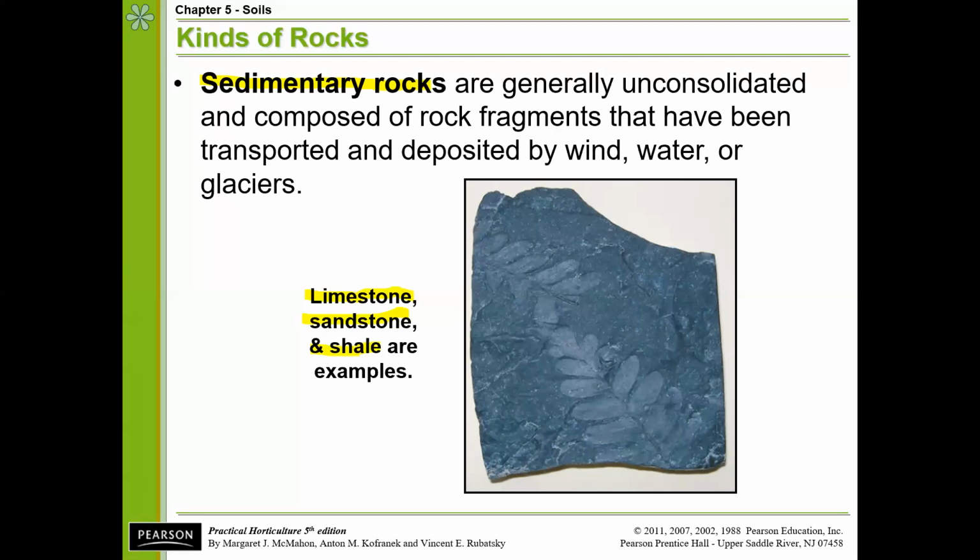Limestone breaks down and gives you a fairly sandy component and a little bit better plant nutrition. Sandstone, of course, breaks down into sand. Shale breaks down more into clay. So it's not even just saying that we have sedimentary rocks, but different types of sedimentary rocks here and there, which give rise to different soil types.